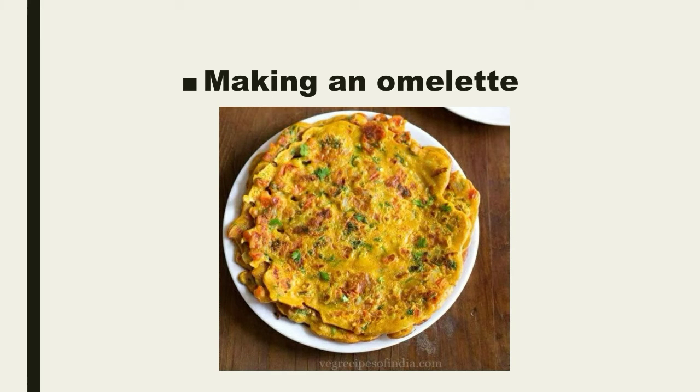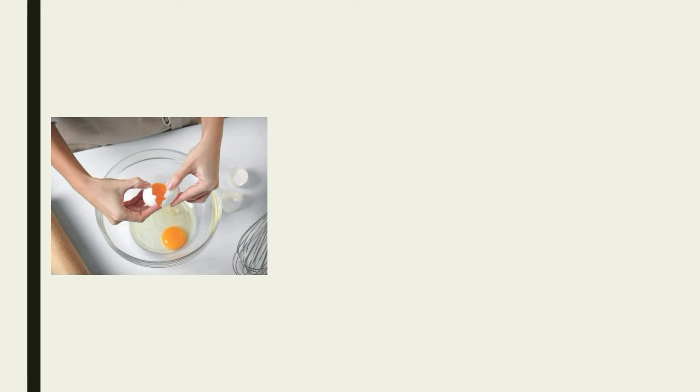Writing an algorithm. Let us learn to write algorithms with the help of a few examples. Example 1. Making an omelette. Here is an algorithm to make an omelette. Break eggs into a small bowl. Whisk the eggs with a fork.